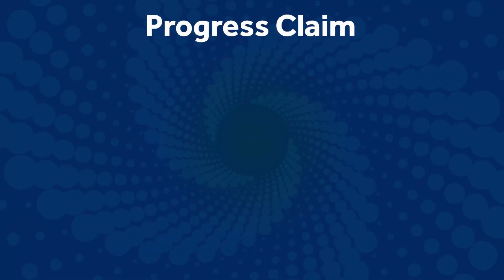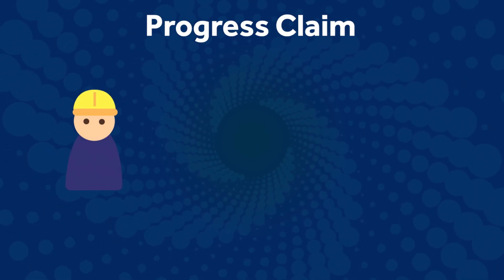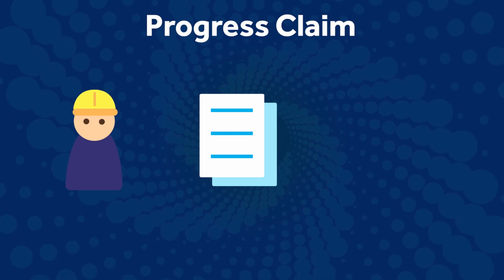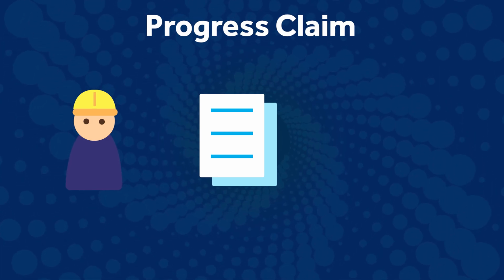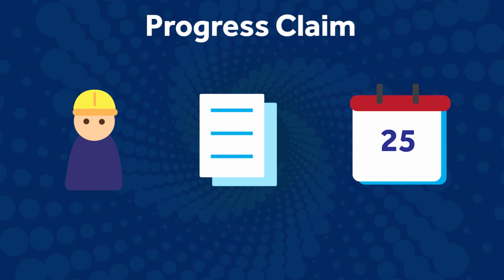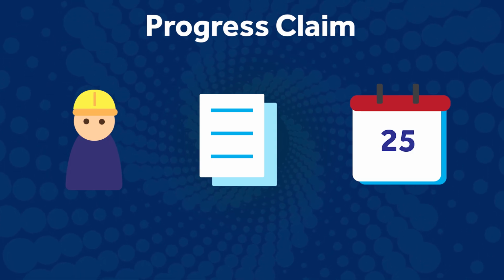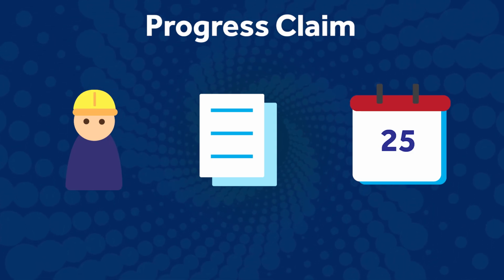So let's use an example. In a construction company, they have to put their progress claims through at a particular point in the month, which was the 25th day of the month. If they didn't put it through by the 25th day, they would then have to wait for another entire month to then hop on that cycle of invoicing.